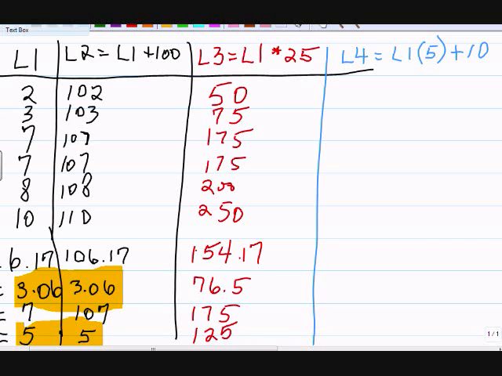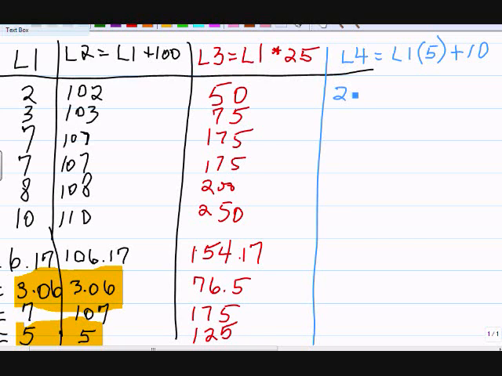Do you want me to show you on the calculator? I can do this one. So I'm going to go over to list 4. If you don't want me to show you, I won't. I'm going to take each value and multiply it by 5 and add 10. 2 times 5 is 10, plus 10 is 20.